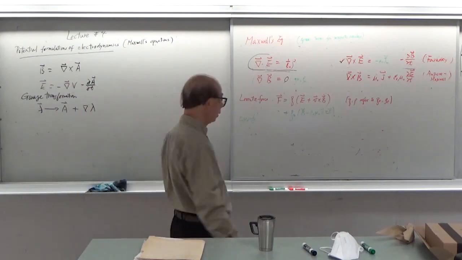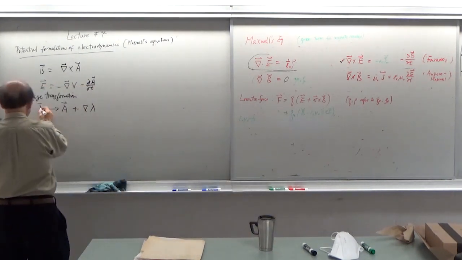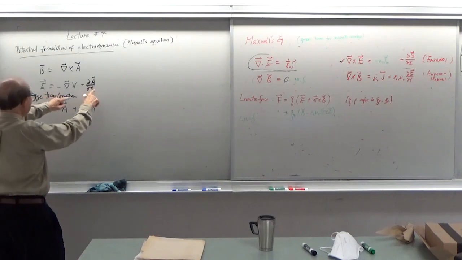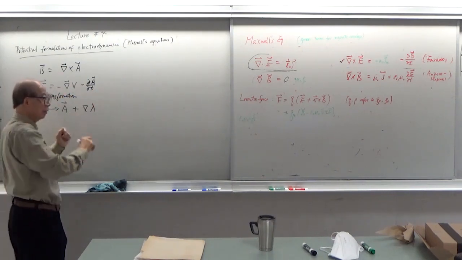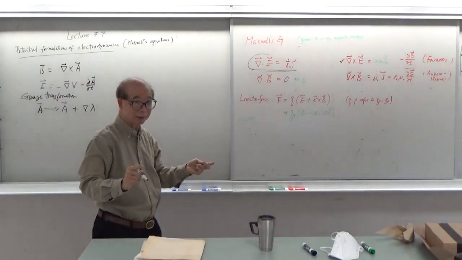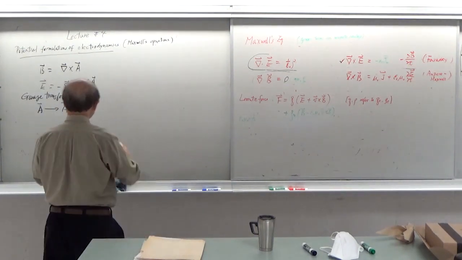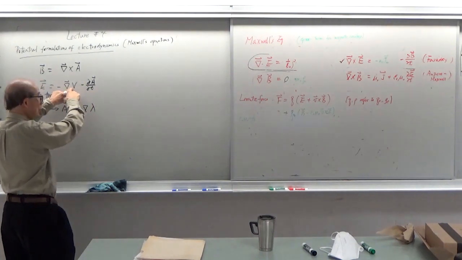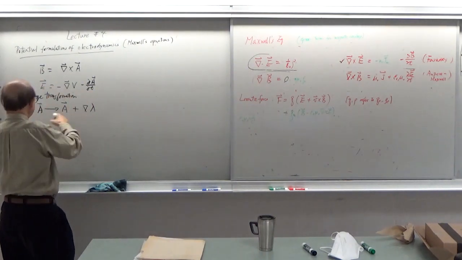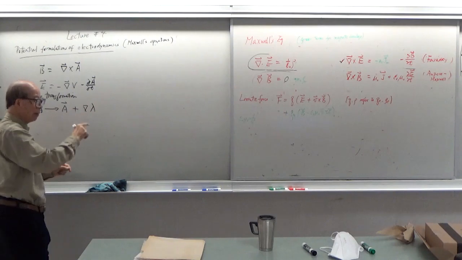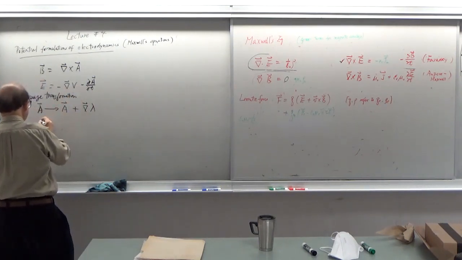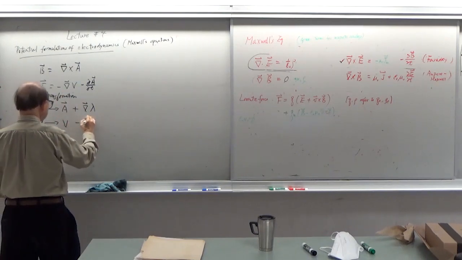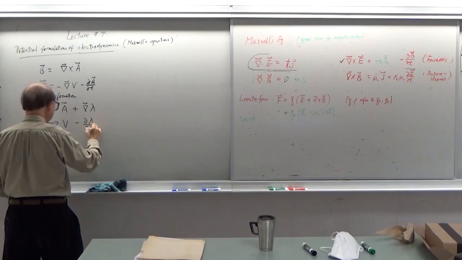But once we change A by this term, then of course that will make a change to the physical field E. That's not allowed, unless that change is compensated by this term. So if we make a change in A by the gradient of a scalar function, then at the same time we have to change V by the term minus del lambda by del t.